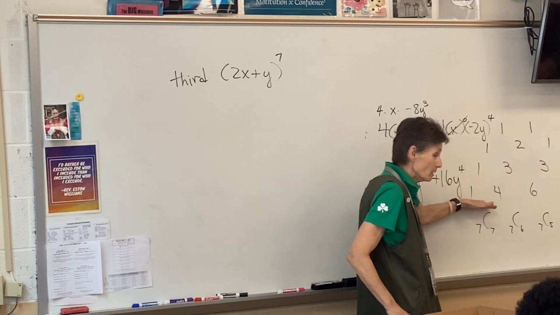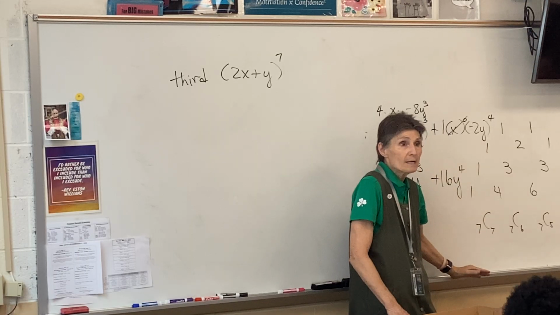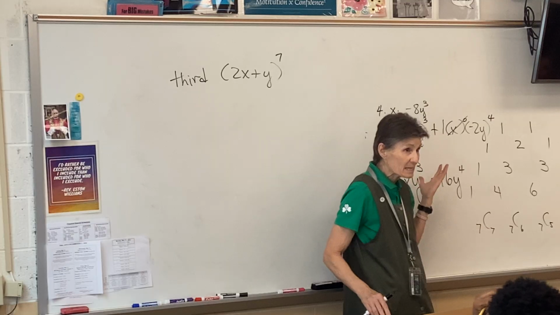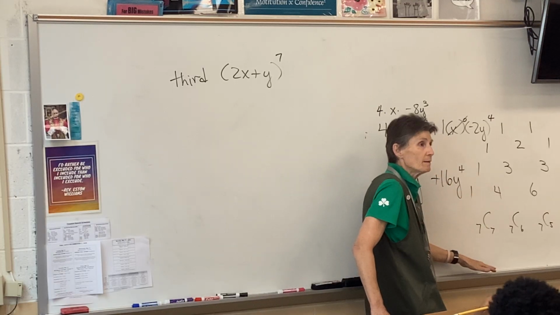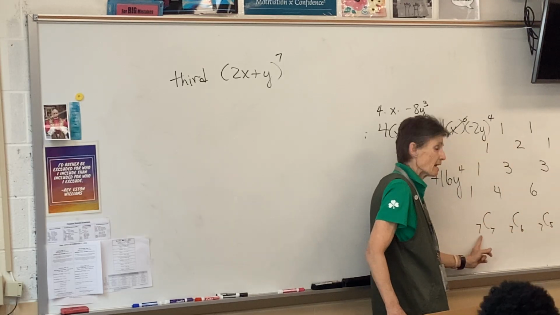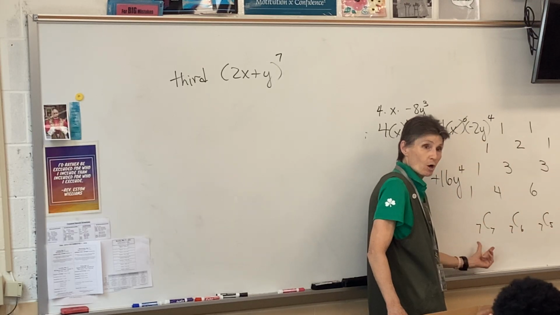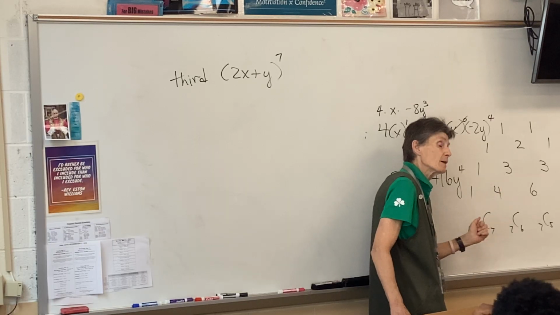You could build the triangle down to the 7th row. It wouldn't take that long. It would be bad if it was 17. That would be bad. But 7, you can build it down if you want. Or you can remember that these are the numbers in the 7th row. You start with 7C7. Okay? And build down from there.